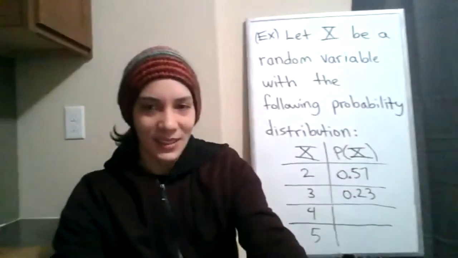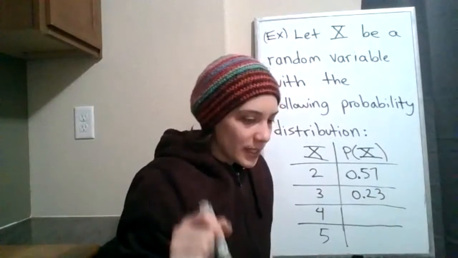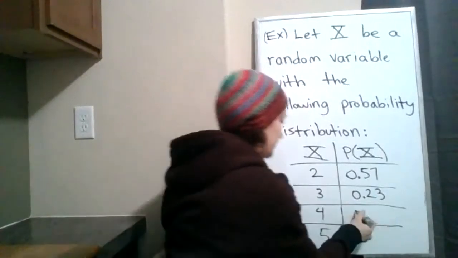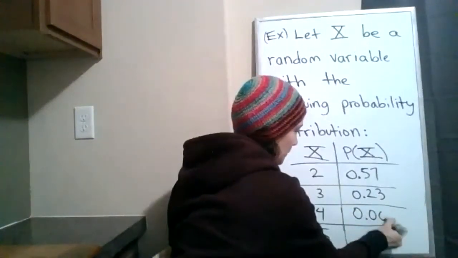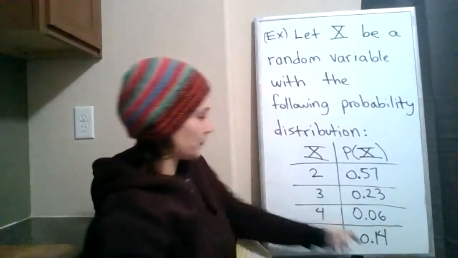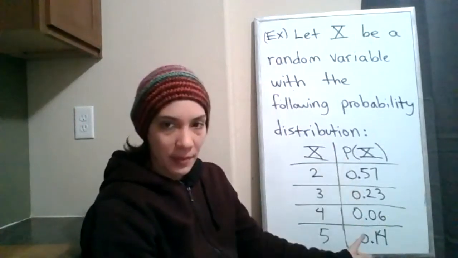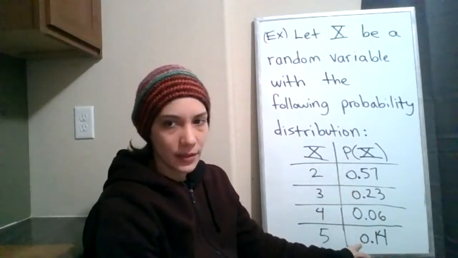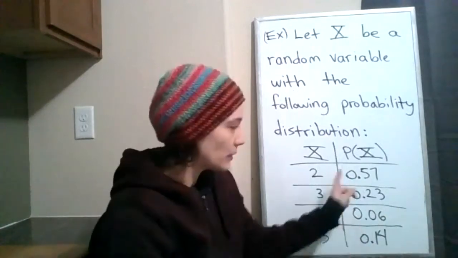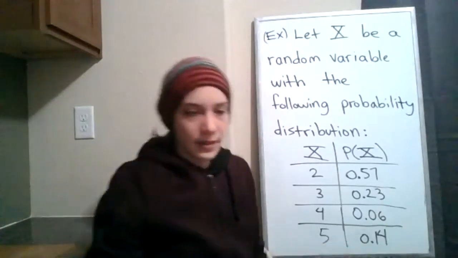Okay, 0.06, 0.14. And you should always have this probability column add up to 1. So I checked, the total is 1, but that needs to be the case.